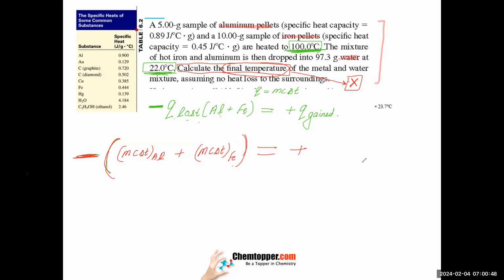Yes, Siri. Equation. Yes, Nasya. How to calculate this Q gained?